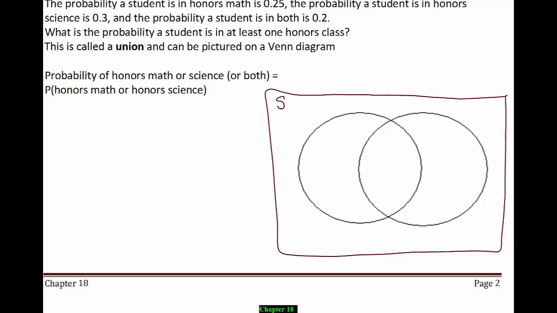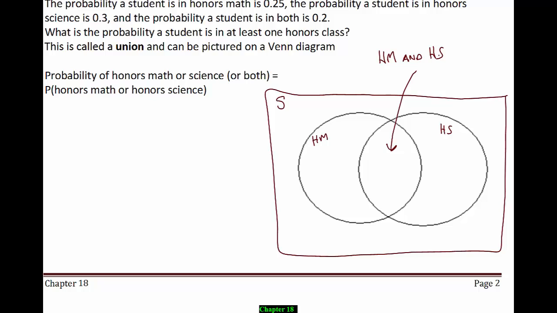So we're going to picture this with a Venn diagram. Let's call this left circle HM for honors math and the right circle HS for honors science. So what is this right here? Those are the students that are in honors math and honors science, right?